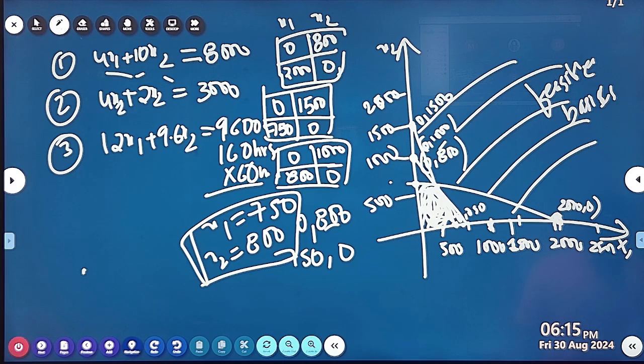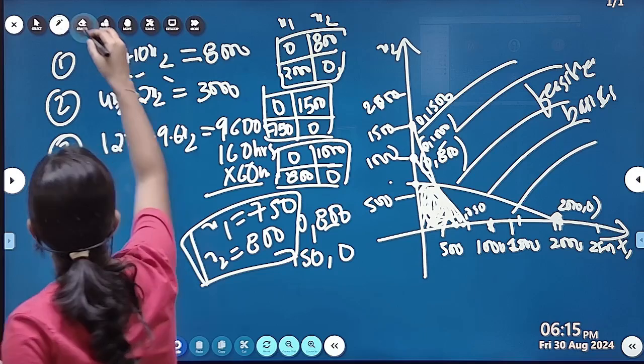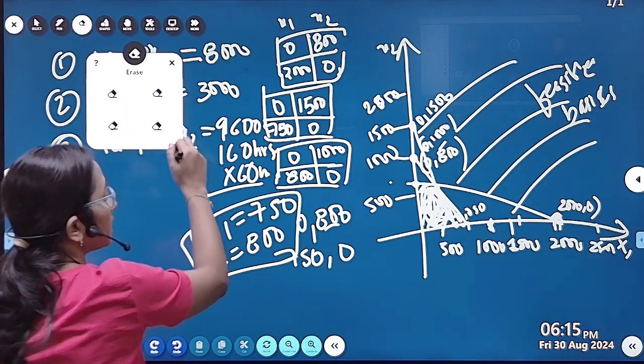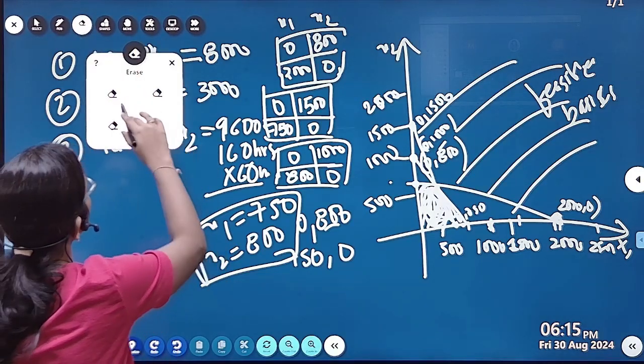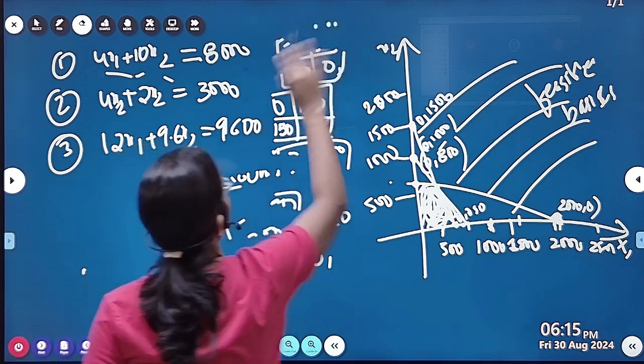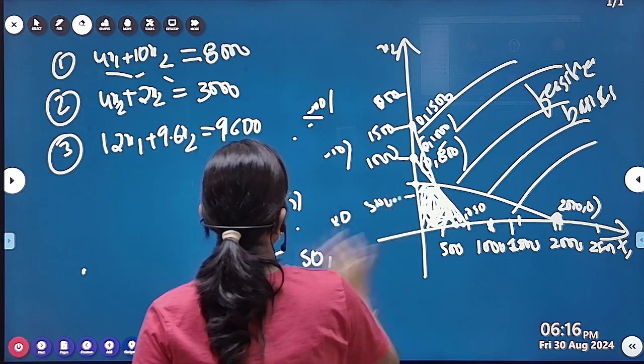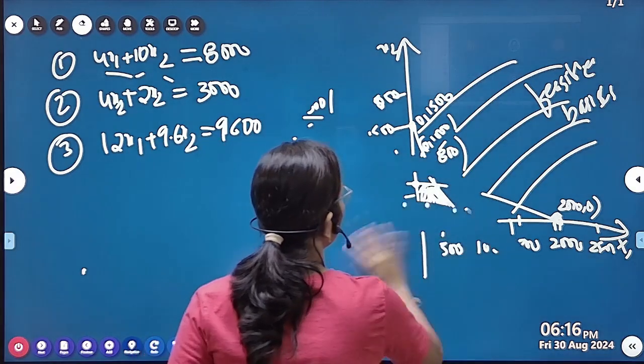Okay, finish. Let us continue. So these are the x1, x2 terms by graph.